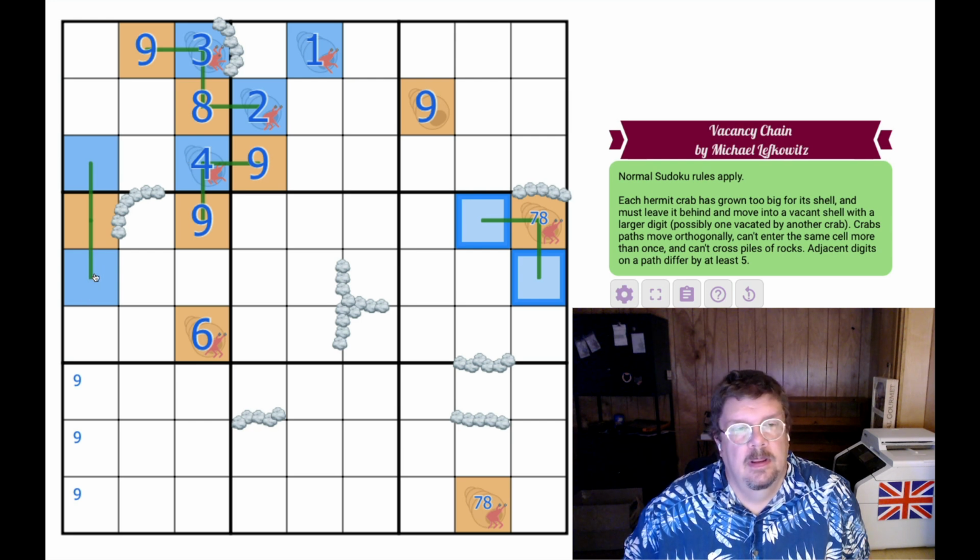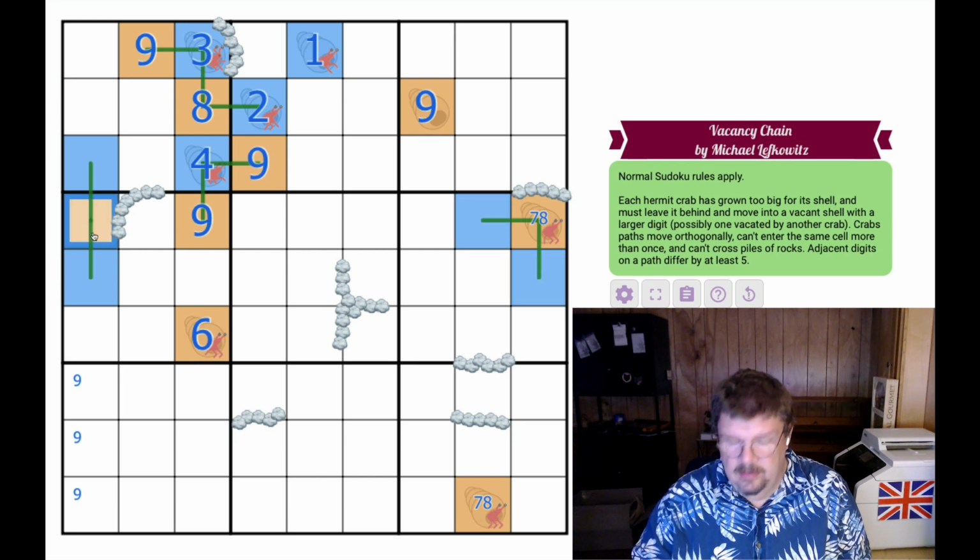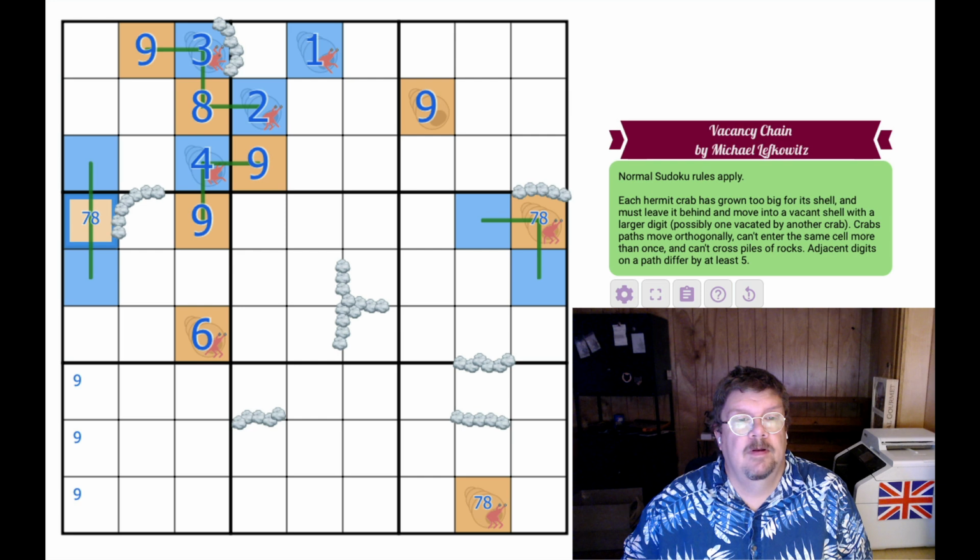Now, if this end here were to attach to this 9, I'd have to come all the way around here, and then the 4 would get to the 6, and the 6 couldn't then get out to get to the 7 or 8, which is going to be one of these two. So this line has to connect into here. That is a 7 or an 8, which is interesting. That gives us a 7-8 pair in the row.